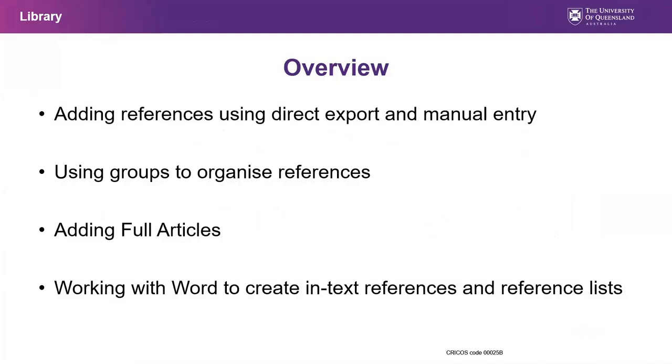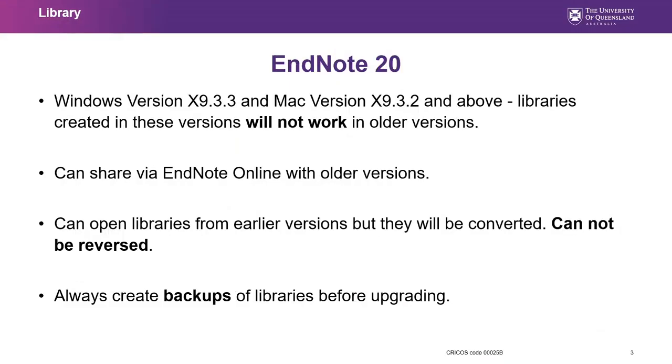The more recent versions of EndNote, which include Windows versions X9.3.3 and the Mac version of X9.3.2 and above, the libraries, which are files in which you store your references, created in these versions will not work in older versions.